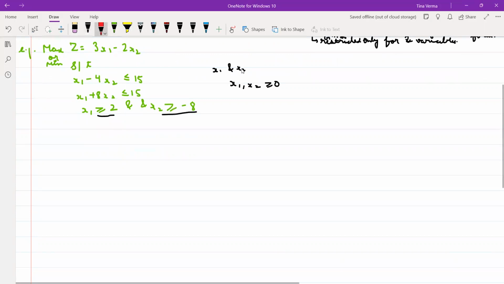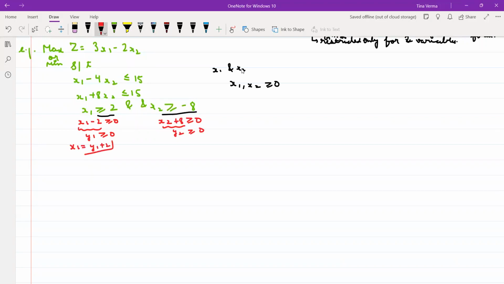So we can make it, as we have already done earlier: I can write x1 minus 2 greater than or equal to 0 and name it a new variable y1 greater than or equal to 0, and x2 plus 8 greater than or equal to 0, and name it y2. So x1 will be y1 plus 2, and x2 will be y2 minus 8. Wherever x1 is present in the LPP, you replace it with this term, and wherever x2 is present, replace it with this term.